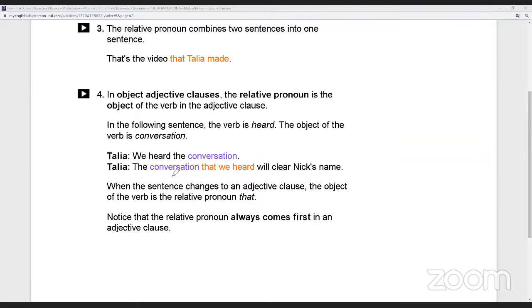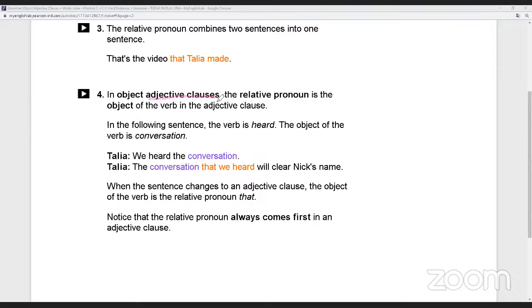Of course, you have to follow the structure, right? First, we have the object, or the noun, sorry, this is a noun. The noun, we have the conversation, the relative pronoun, and more information about the noun. What is the conversation? Notice that the relative pronoun, right? This is the structure.